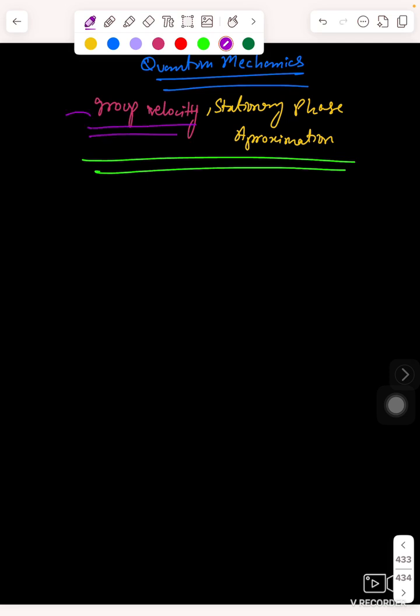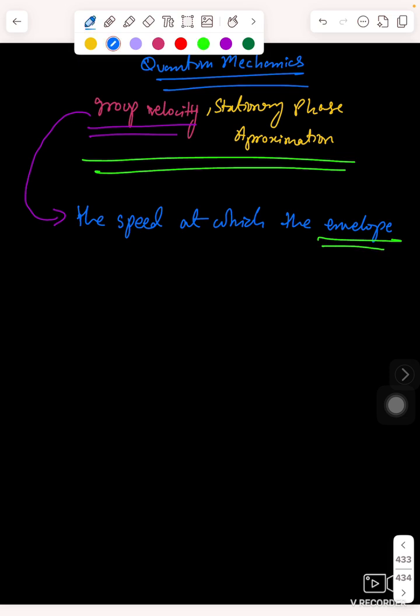So first of all, when we talk about group velocity, the definition of group velocity is the speed at which the envelope of the wave packet propagates through space.